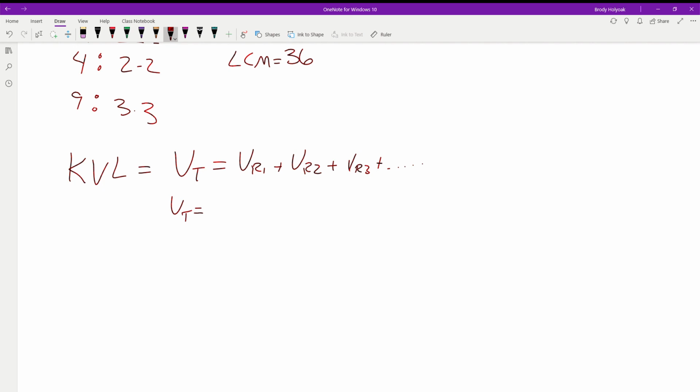How do we solve for voltage? Actually, this is kind of a bad example, but either way, we can break these up into smaller ones: I1R1 plus I2R2, and so on. Currents: when we're dealing with a total current with the branches, it's going to be equal to the voltage divided by the resistance. These are going to start to change, so this is another way where we can quickly add and subtract these and get them into common denominators. Just examples of how we would use these things in real life.